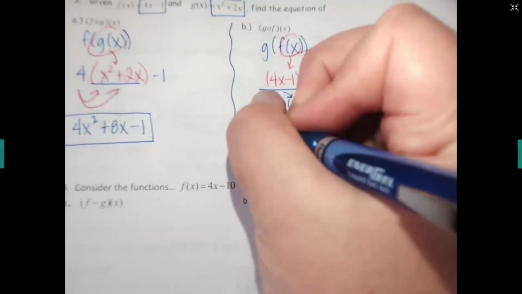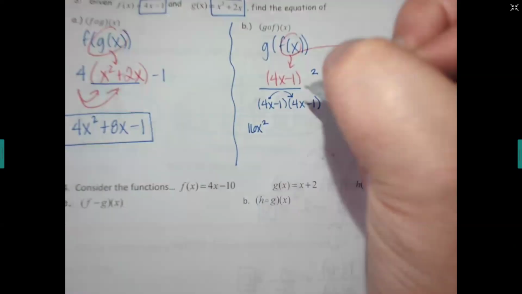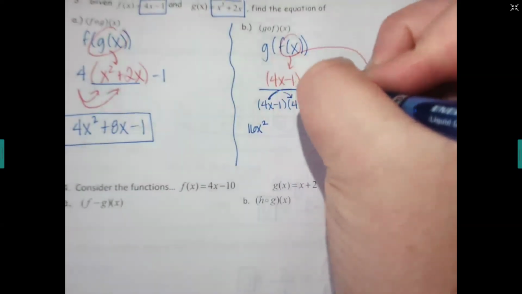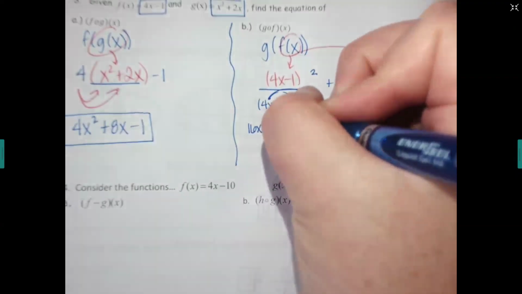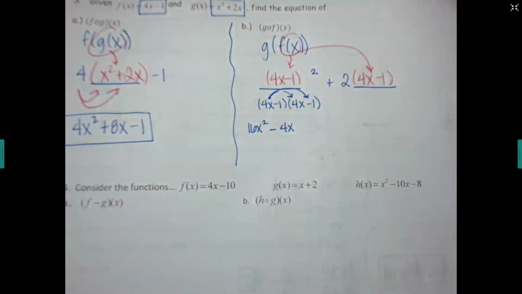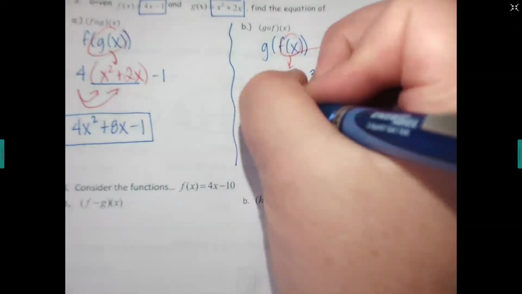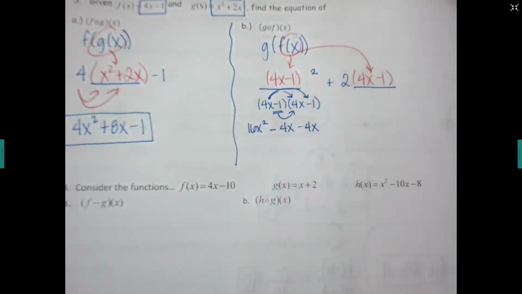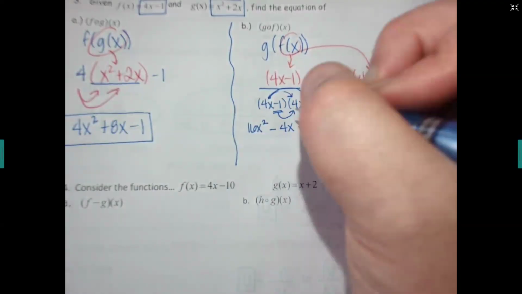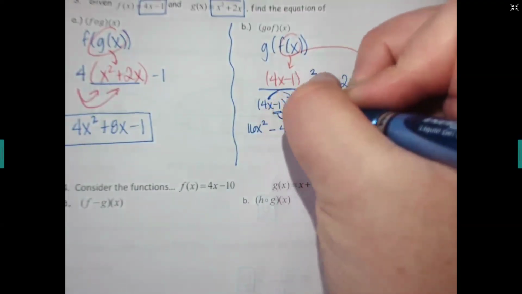16x squared, very good. Next term is 4x times a negative 1. Negative 4x, very good. Next term, I'm moving to the minus 1. Minus 1 times 4x is another minus 4x. And then what about negative 1 times negative 1 again?